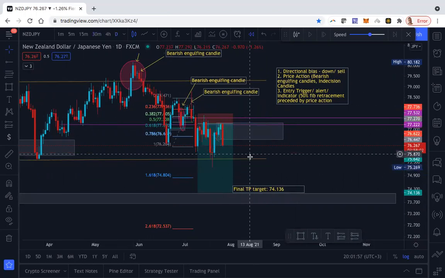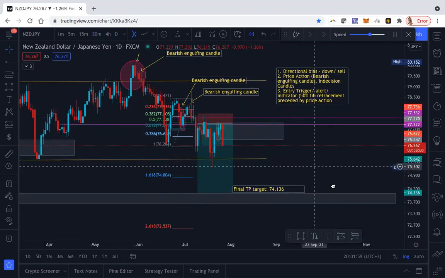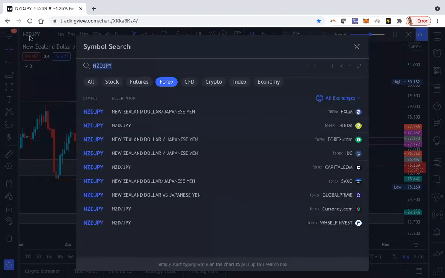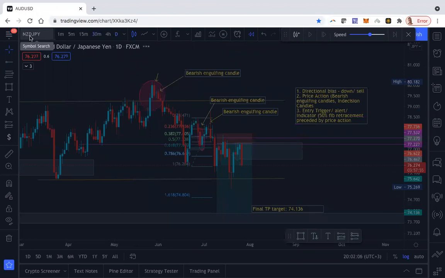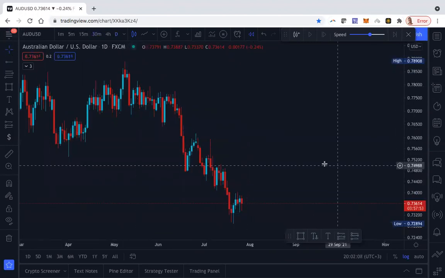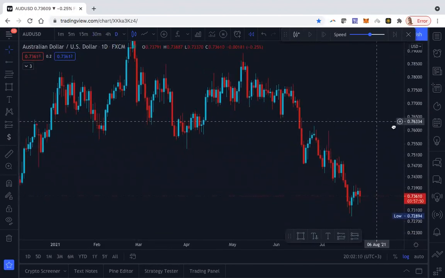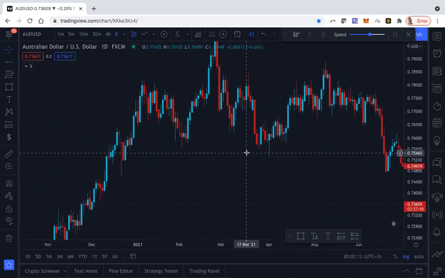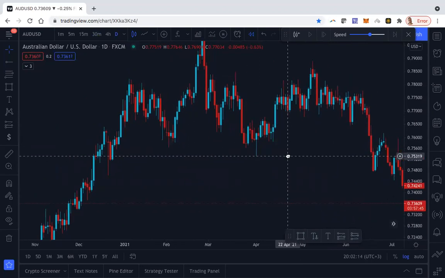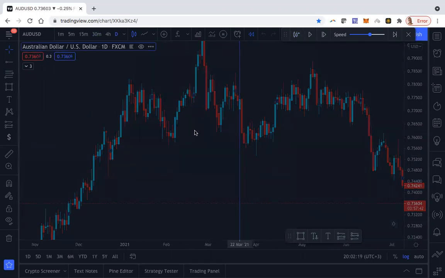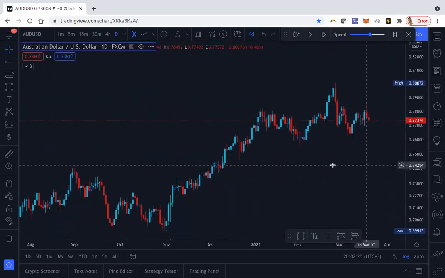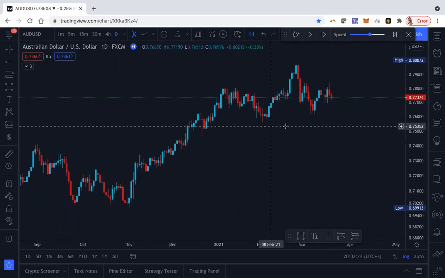By the end of the week, I'll do a recap. But this evening I want to look at AUDUSD, another pair that I like looking at. I'm going to backtest it maybe from March, still on the daily, so that you guys have an idea how I look at pairs.